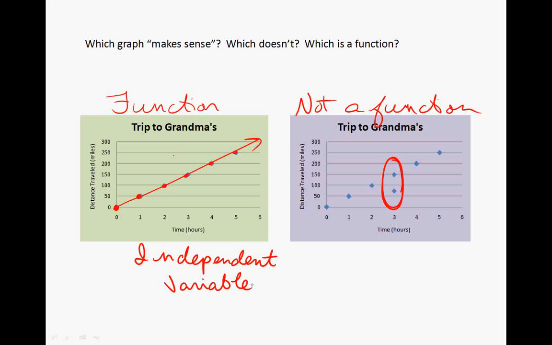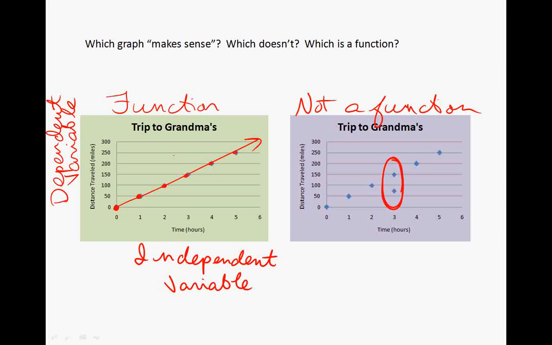That's what we use when we speak in more real life terms. The range values or the y values are called the dependent variable. The distance you have traveled depends on how long you've been traveling.